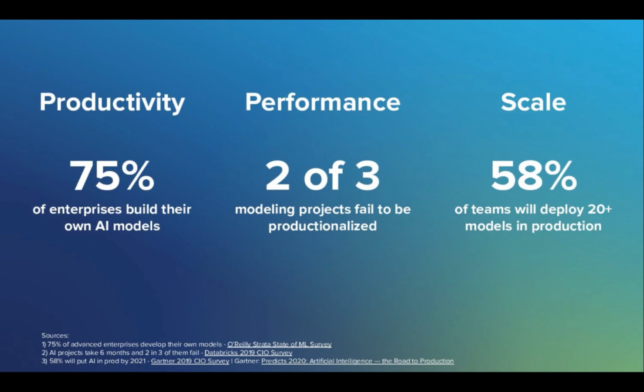A second key area of focus for enterprises today to adopt more machine learning is the fact that it takes, on average, 6 months for models to make it to production, and that's a very broad average. But 2 out of 3 projects actually fail. And this points to the uncertainty around modeling, the constraints of this multivariable space in which models get to be designed.